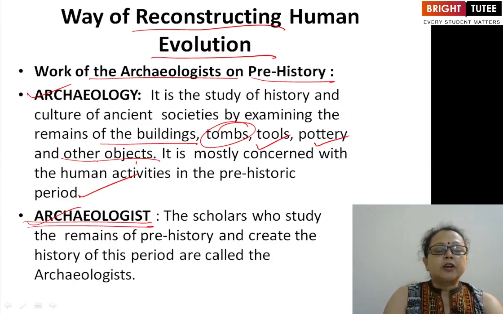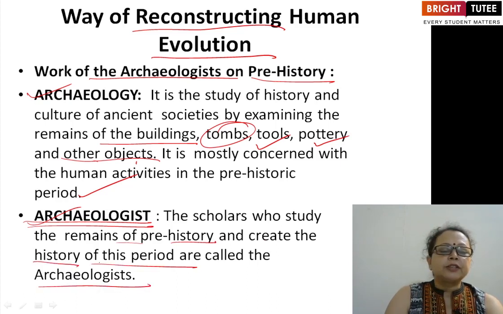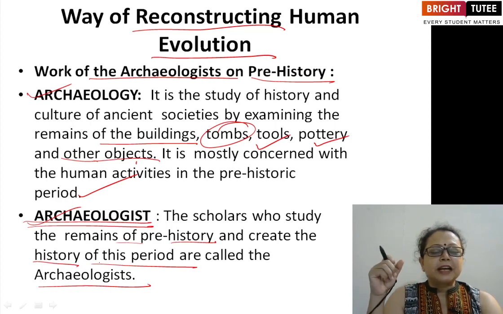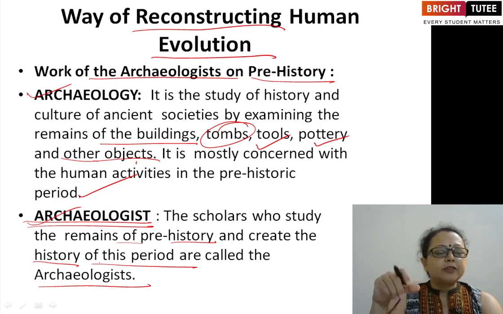Now, what is an archaeologist? The scholars who study the remains of prehistory and create the history of this period are called archaeologists. What interesting work they are doing. They are studying the remains of prehistory, when we do not have any written record.